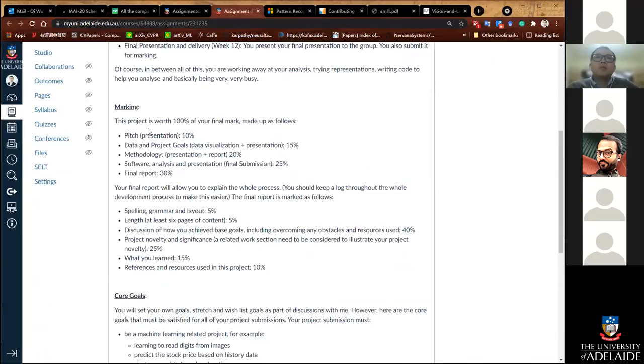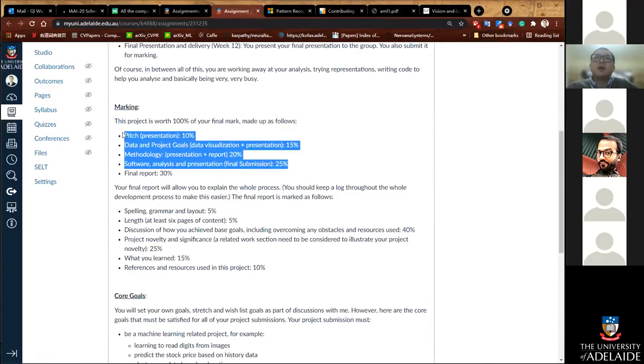The pitch is 10%, data in the project is 15%, methodology 20%, software, analysis and presentation is 25%. All these 4 parts are about the presentation and the materials you show to us.